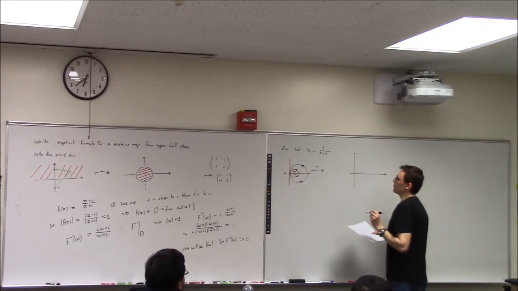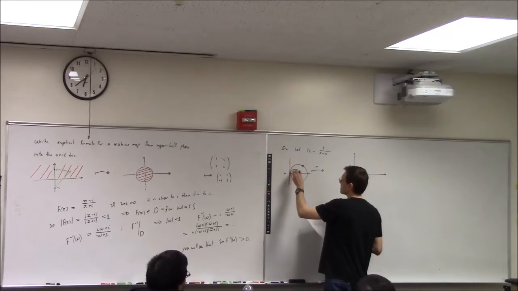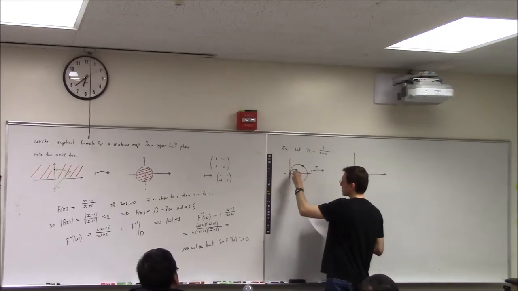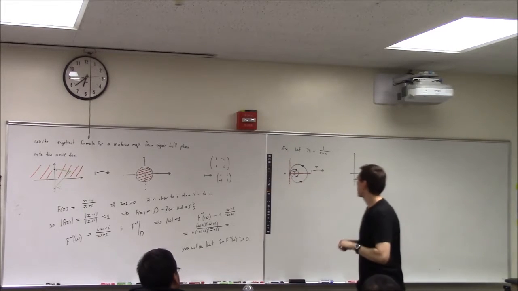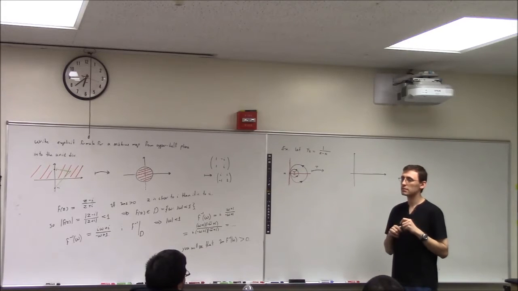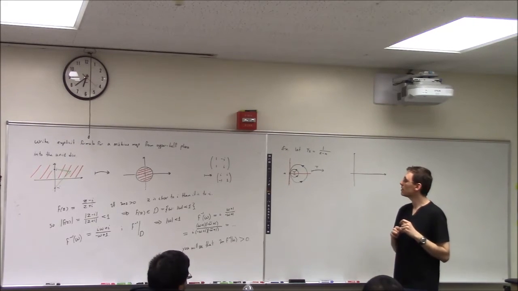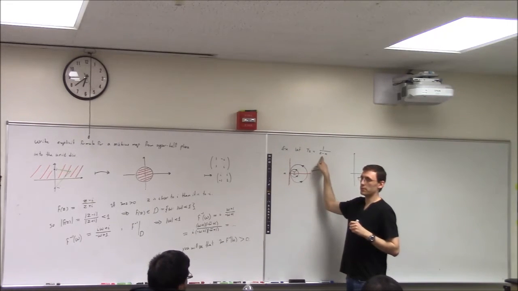So what is it first of all going to do to this circle? Think about it. What's going to happen to this small circle? First of all, what shape is it going to have after I apply the Mobius map?